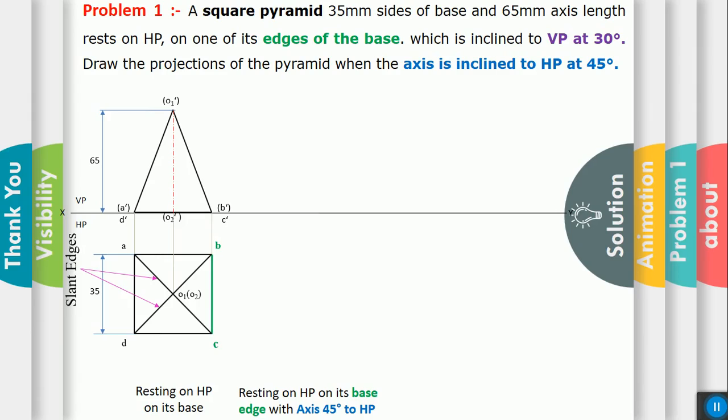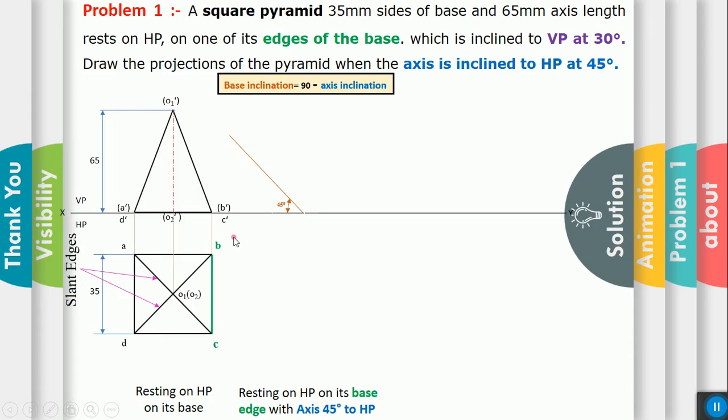One of the easiest methods is to find the base inclination using the formula: base inclination is equal to 90 degree minus axis inclination. Since axis inclination is 45 degree, 90 minus 45, we will get 45, which is nothing but base inclination. So first we will draw this base inclination with a 45 degree line with respect to the horizontal plane.